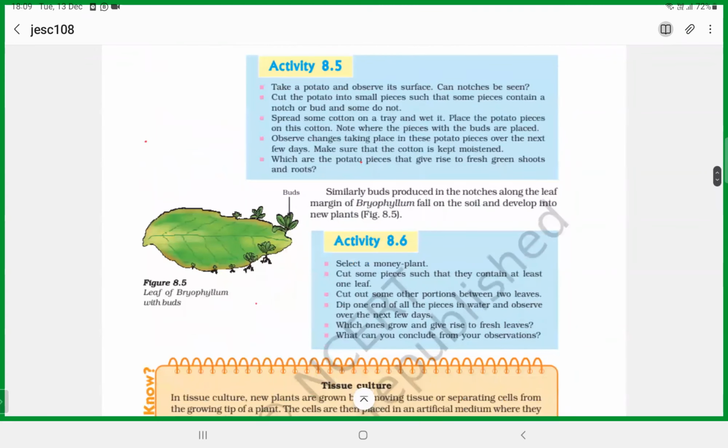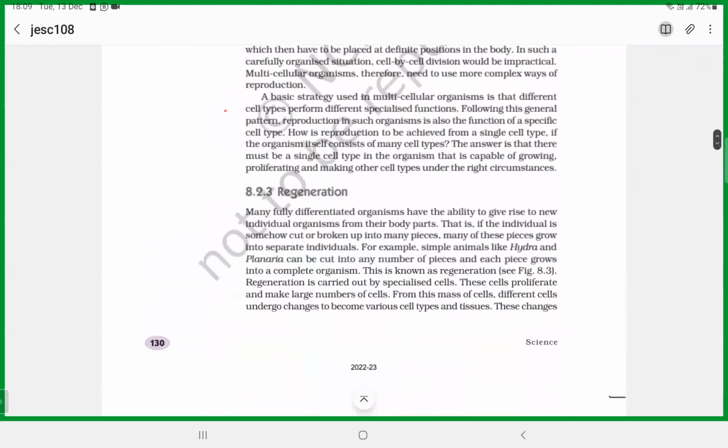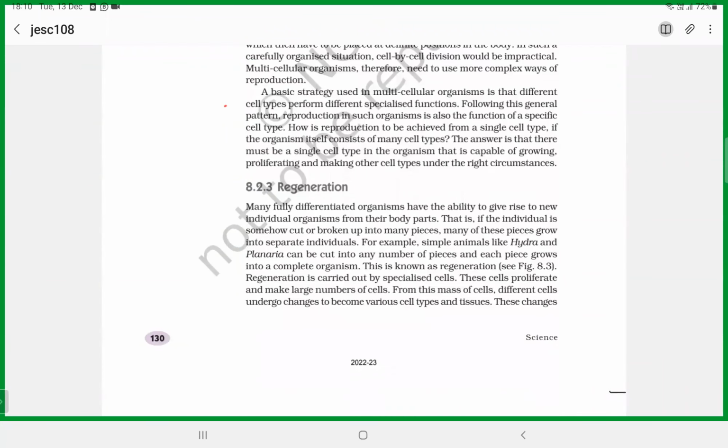We discussed all the methods of asexual reproduction: why do organisms reproduce, the DNA copying mechanism, the importance of variation, the significance of sexual and asexual reproduction, and then all the asexual reproduction methods like binary fission at definite orientation, binary fission at any orientation, multiple fission, fragmentation, regeneration, budding, spore formation, vegetative propagation, and plant tissue culture.